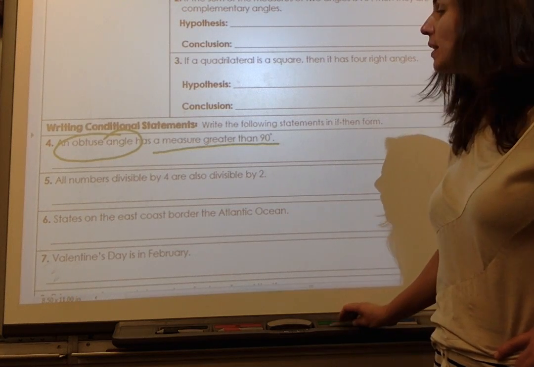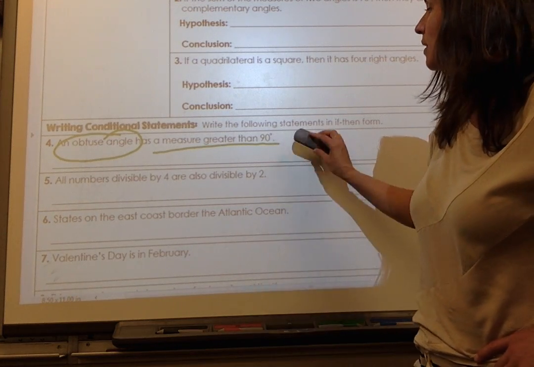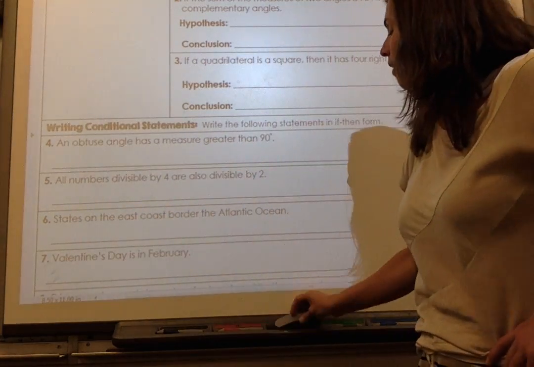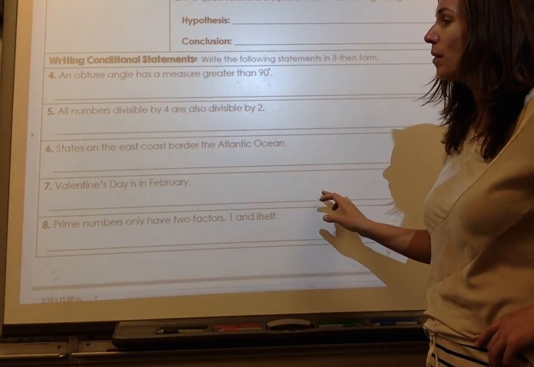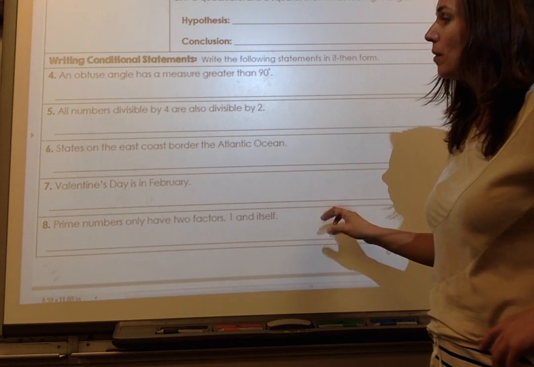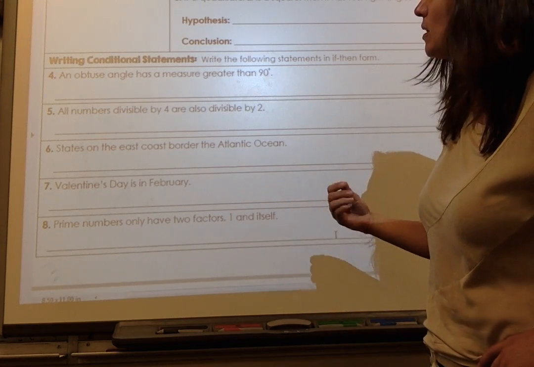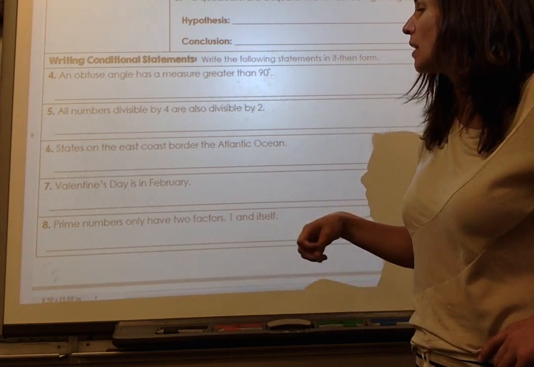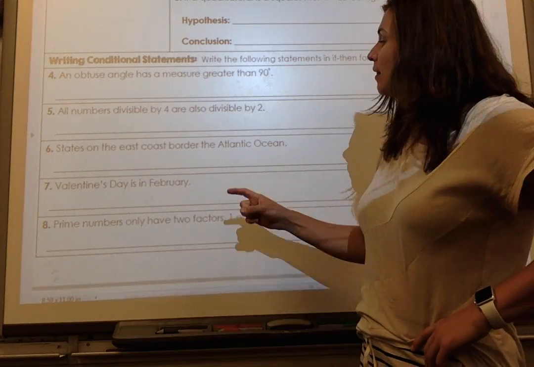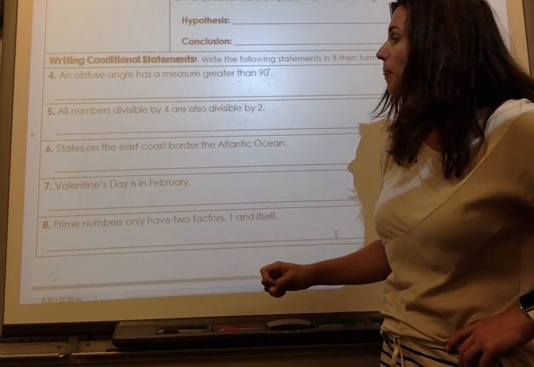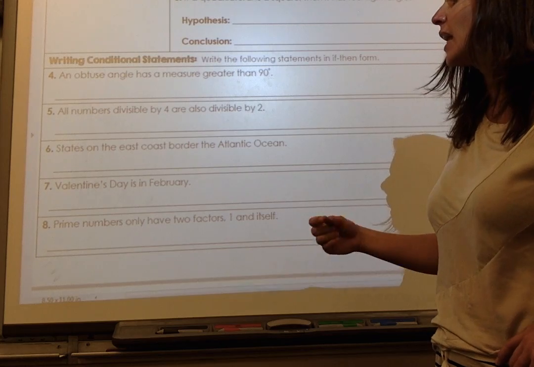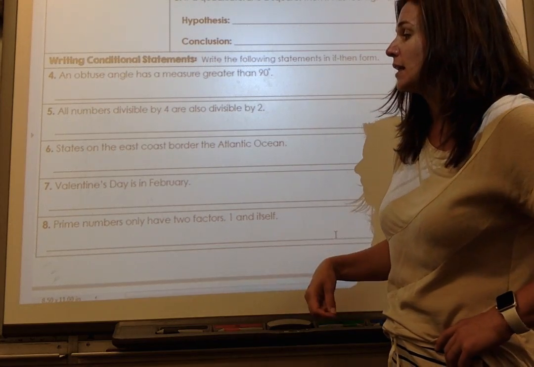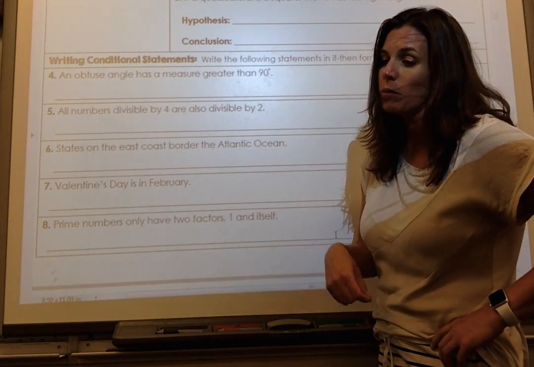Go ahead and pause it and see if you can do number 6 and 7 on your own. Number 6, I would say, if states are on the East Coast, then they border the Atlantic Ocean. Number 7, I would say, if it is Valentine's Day, then it is in February.